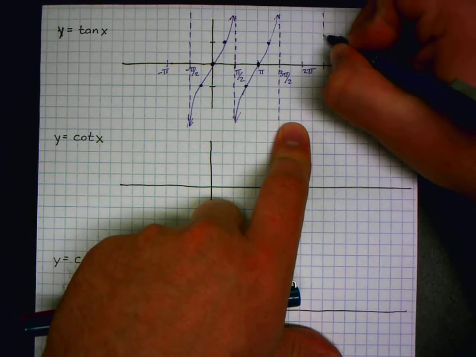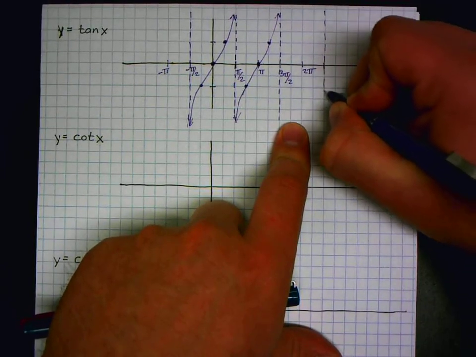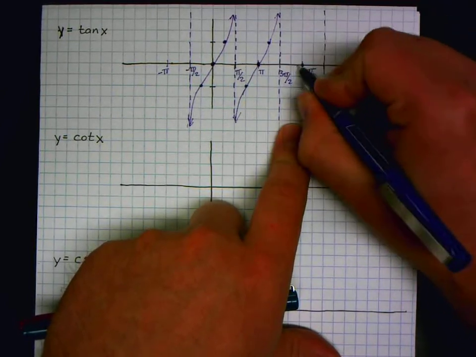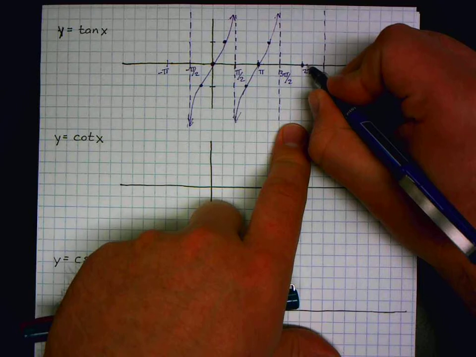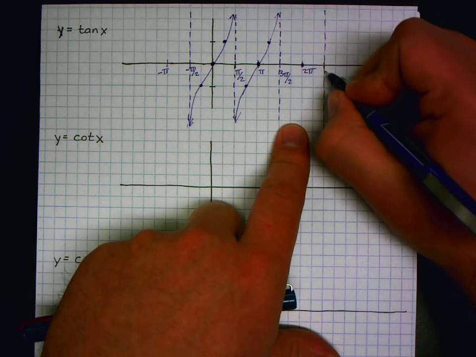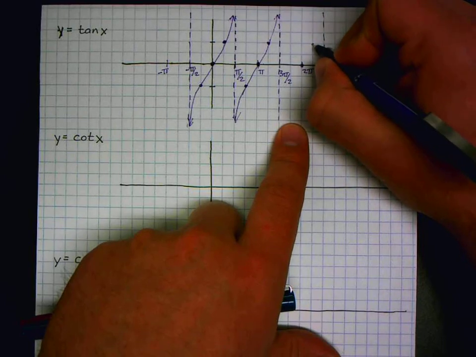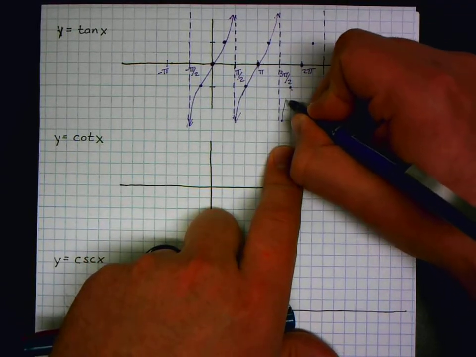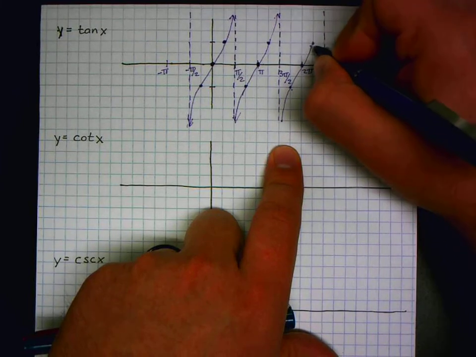That's going to be my next dotted line. I know on each of the pi marks, I'm going to have a 0. At each of the half pi marks, I'm going to have a dotted line. And then I'm going to have a 1 and a negative 1. I'm going to go like that.